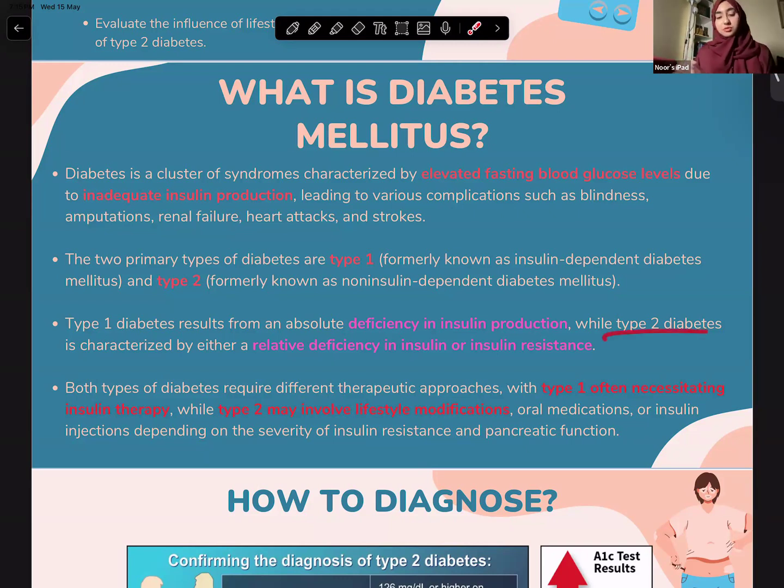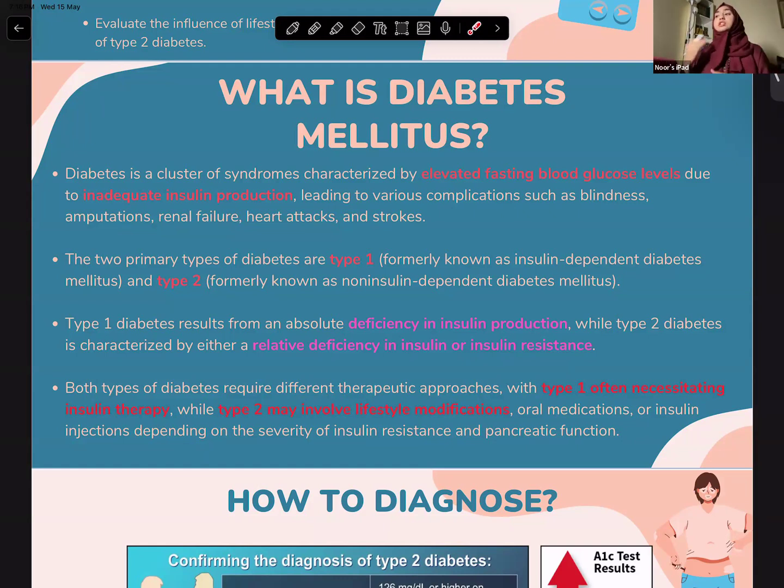Now, talking about type 2 diabetes, it is characterized by a relative deficiency in insulin or insulin resistance. What does this mean? Relative deficiency in insulin means that in type 2 diabetes, there are beta cells, but they're not producing insulin the way they're supposed to. Or insulin resistance: insulin is being produced in normal amounts, but it is not acting on the cells.